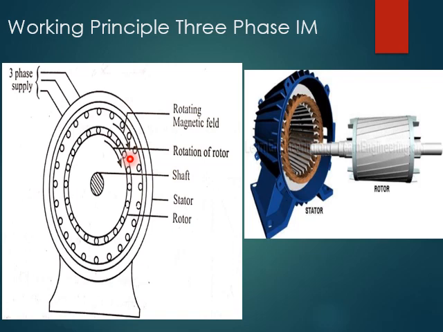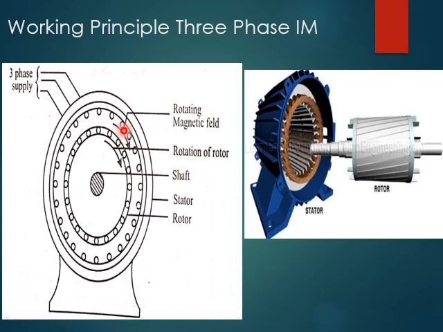Here the rotor gradually increases its speed and tries to catch up with the speed of the RMF, but it fails. If the rotor tries to catch the speed of the RMF, then the relative speed between the rotor and the synchronous speed will be 0.